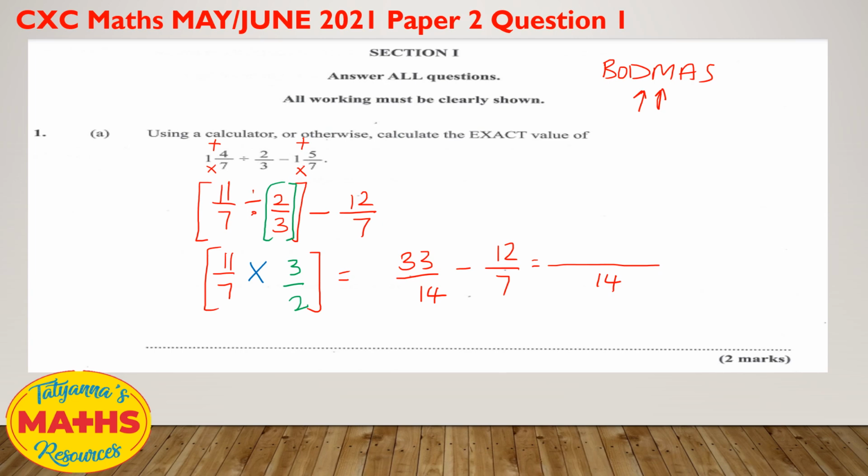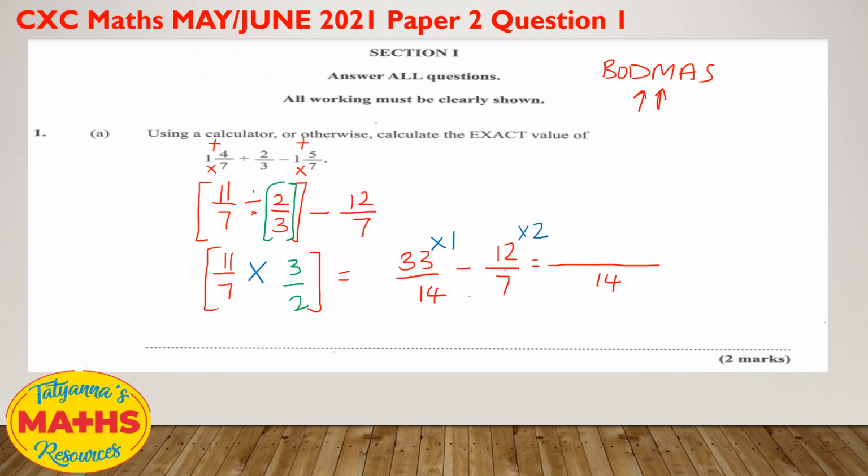So 14 into 14 is 1. So we're going to multiply 33 by 1. Let me use a different color. We're going to multiply by 1. And 7 into 14 is 2. We're going to multiply 12 by 2.